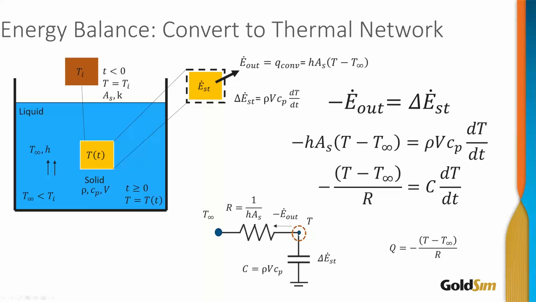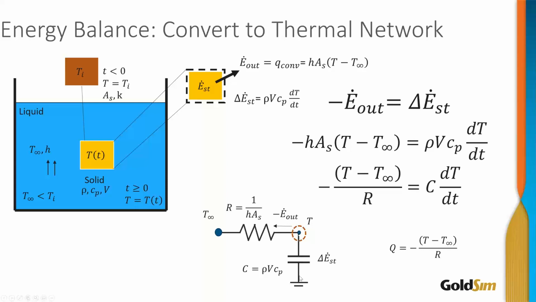If we build our network, each node represents a temperature. The environment is an infinite sink, meaning that its temperature is constant throughout the course of the simulation, or is independent of our body. We can say that this temperature, T infinity, is this node. The temperature of our body is T, this node. And this small body has an associated mass or an associated energy.